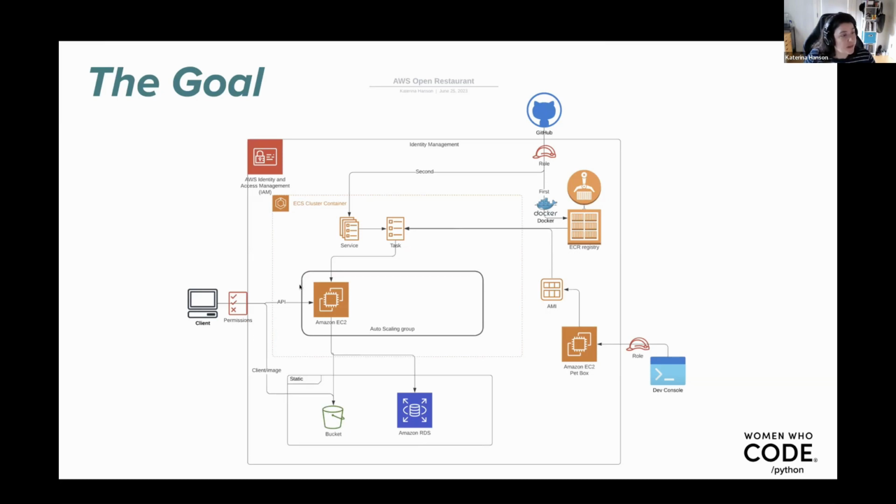One of the things that I did run into, and I'll talk about it in a bit, was setting up that initial Amazon EC2 definition. That was a little bit tricky, but I ended up using the dev console and then turning that into a special AMI that I used afterward.